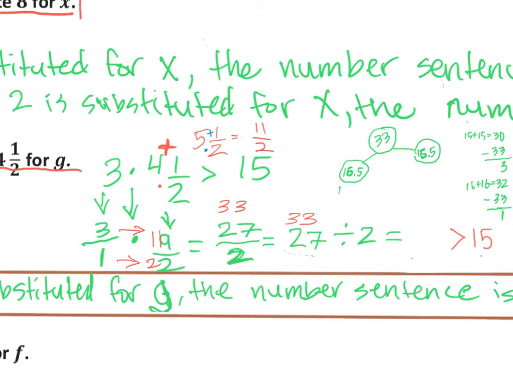Or you could even say 16 1/2, 16 1/2. So that is going to give us our number now. So we have 16 1/2 is equal to 33 divided by 2. So 16 1/2 or 16 5/10 or 16.5 is going to be equal to 33 divided by 2, which is equal to 33 over 2.